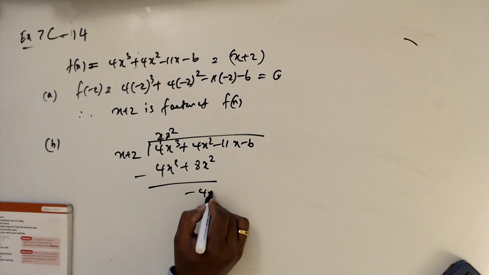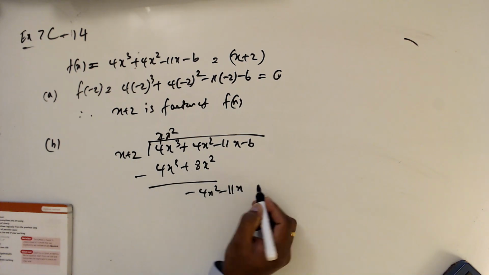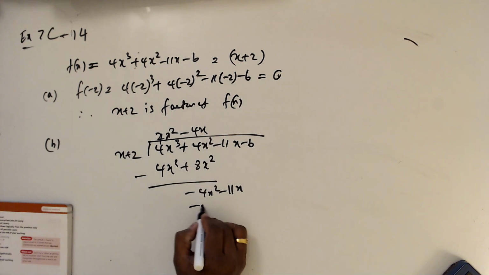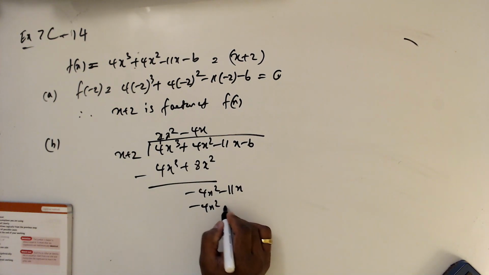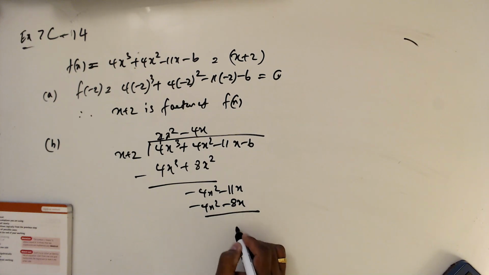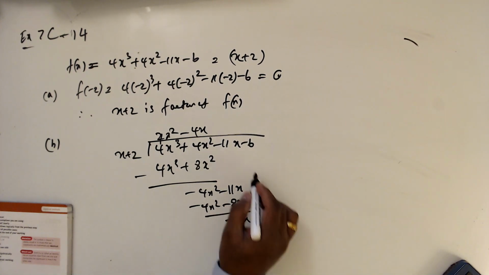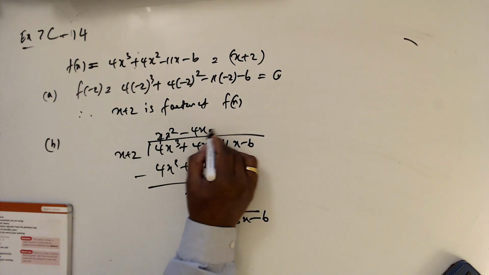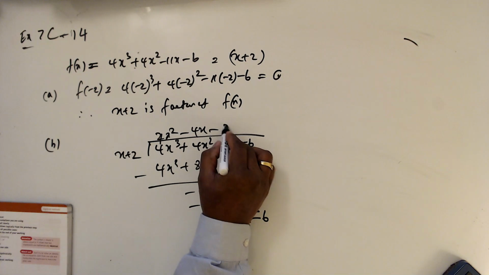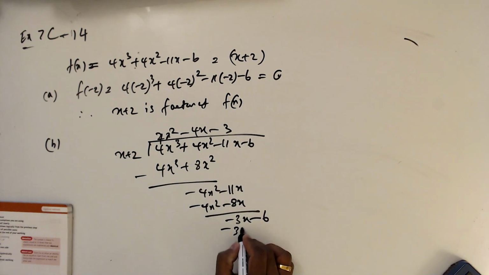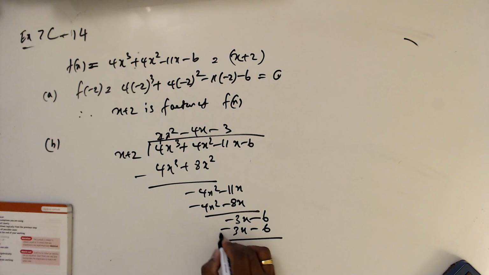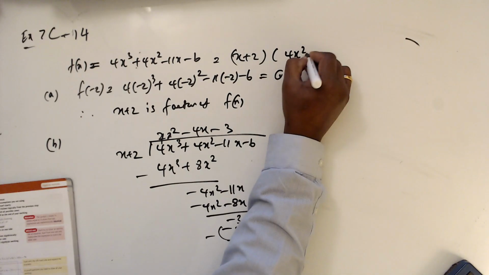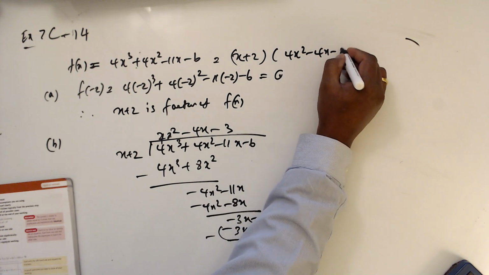When you subtract, you get −4x², bring this one down, and then this is −4x² − 8x. This is going to be −3x, and bring −6 down. So this is −3x − 6, and when you subtract, this becomes 0. And now this is 4x² − 4x − 3.